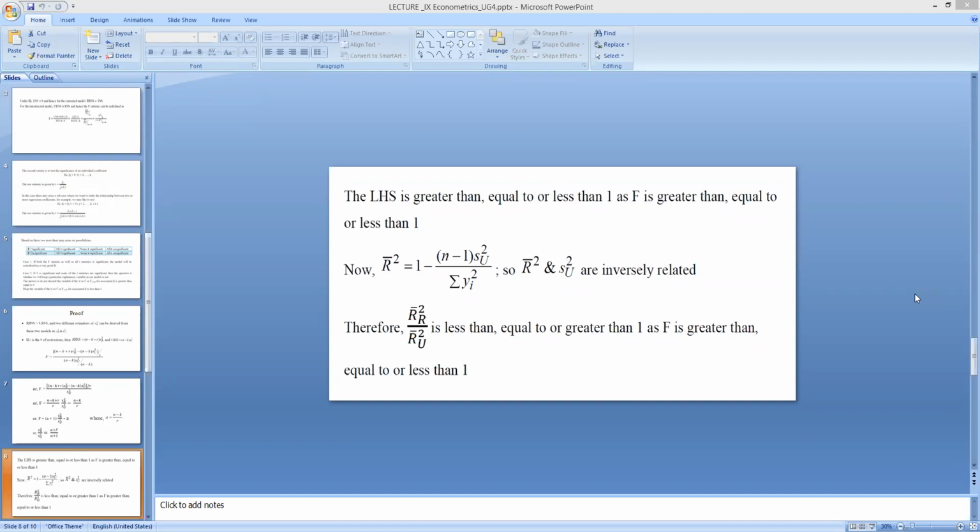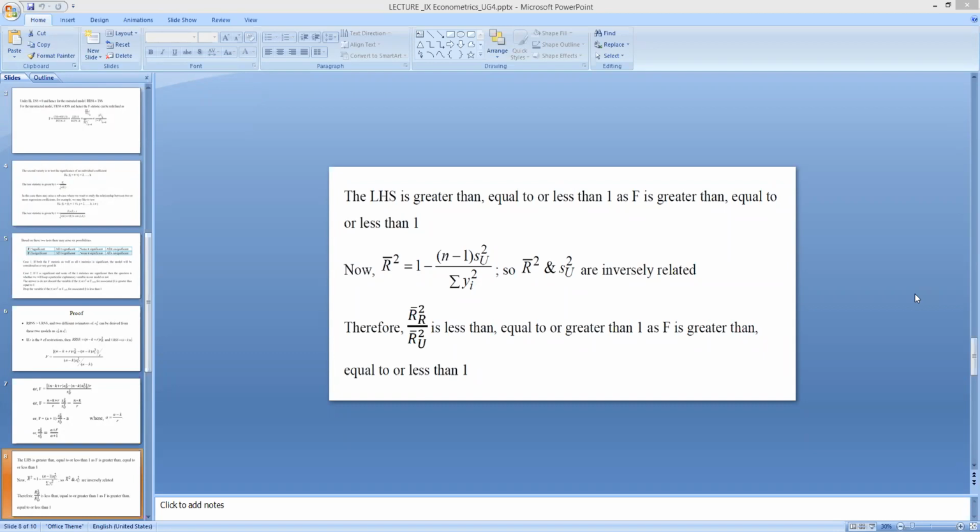Anyone? Tell me the formula for R square. Tell me simply the formula for R square.